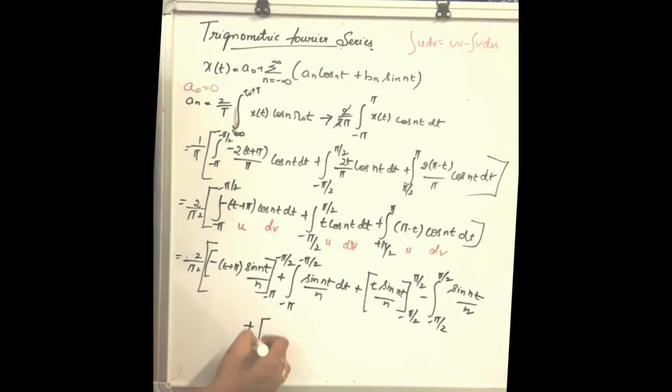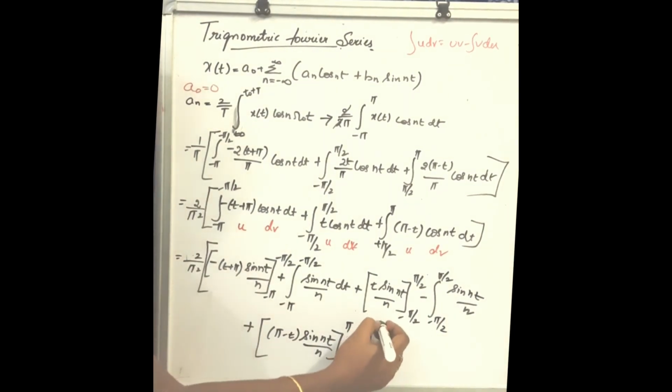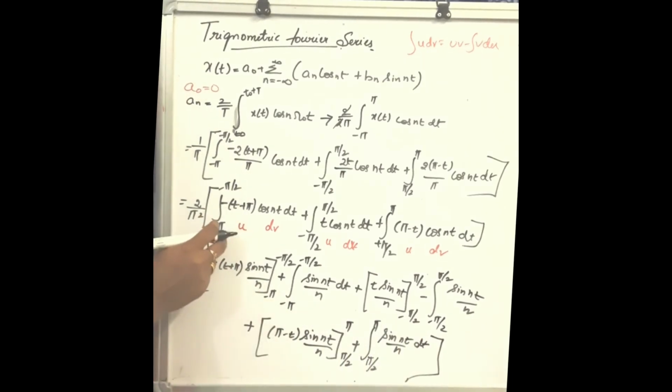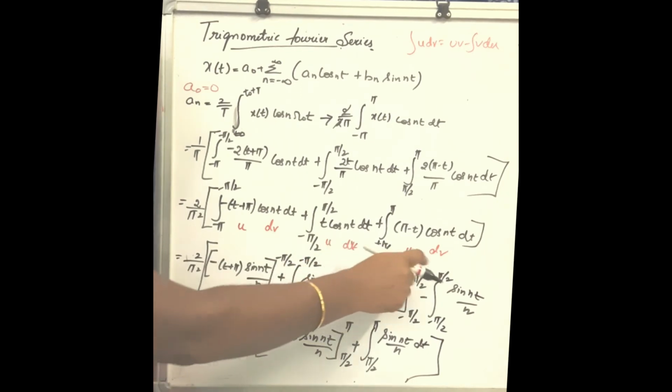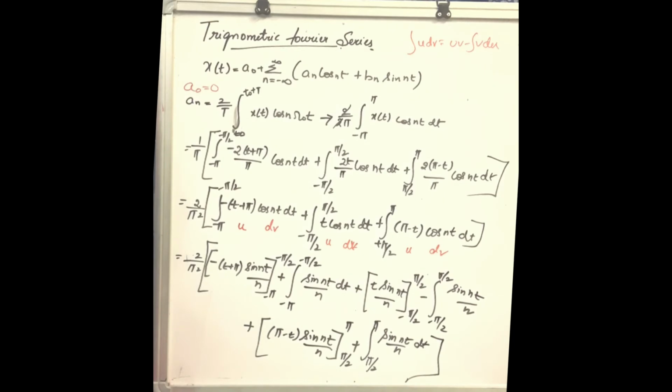We will continue writing it down. It is pi minus t sine nt by n, limit pi by 2 to pi, plus integral of pi by 2 to pi sine nt by n dt. So when you do integration by parts, you have found u and dv. By applying the formula integral u dv is equal to uv minus integral v du, we have found the last.